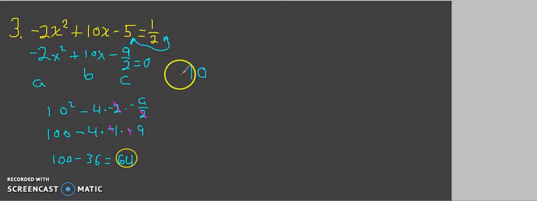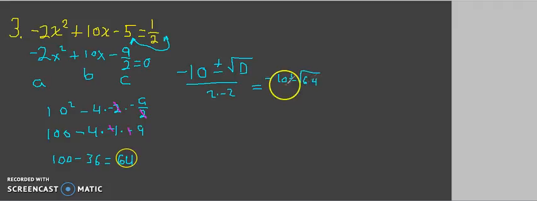So for B, we've got negative 10 plus or minus the square root of D over 2 times negative 2, which is equal to negative 10 plus or minus the square root of 64 all over negative 4, which is equal to 5 plus or minus 8 over 2.